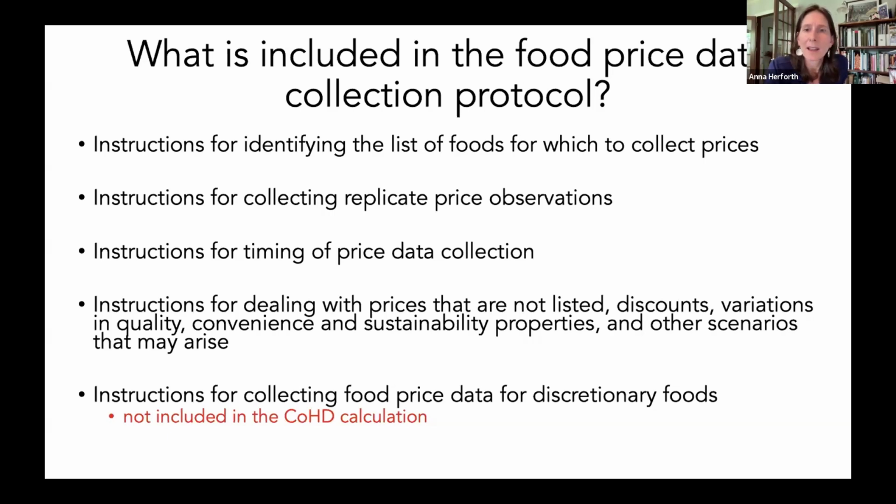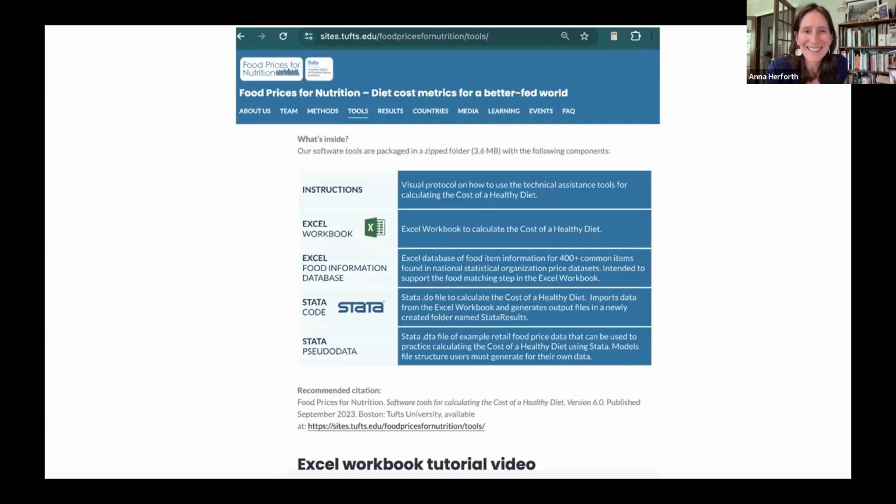So if we go back to the slide, I wanted to point out that we call it a toolkit for food prices for nutrition. It's a protocol that has already existed.